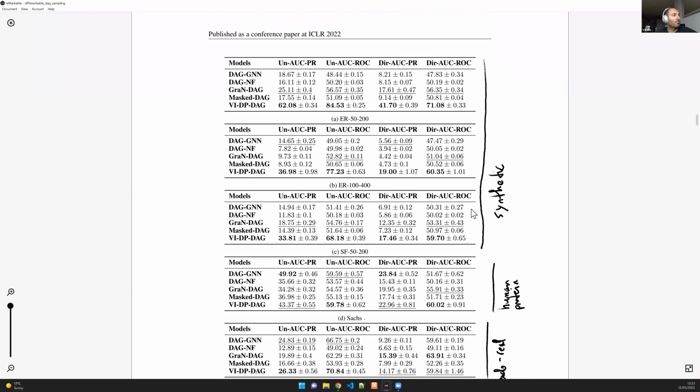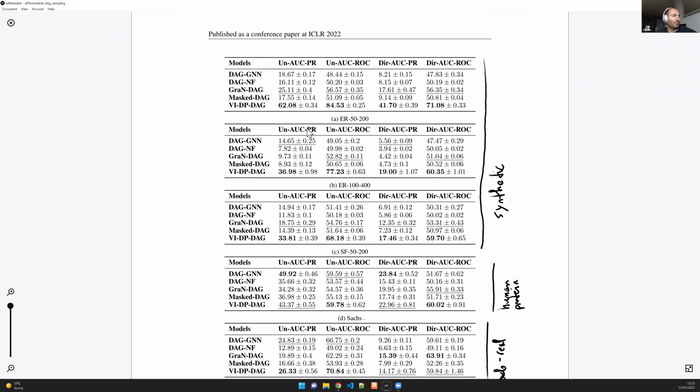Let's look at the table here. The first three are synthetic data sets with increasing number of nodes. So this ER and SF are synthetic, with 200 nodes, 400, 200 nodes. On all of those, our method performs so much better.